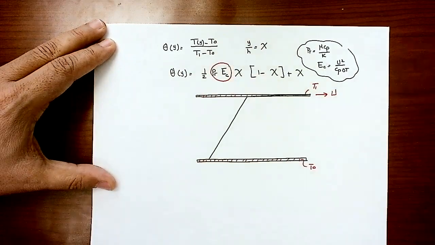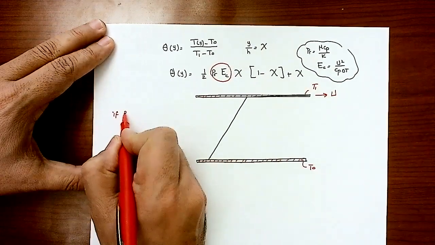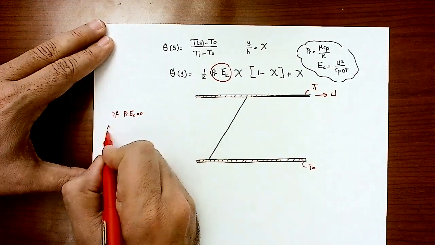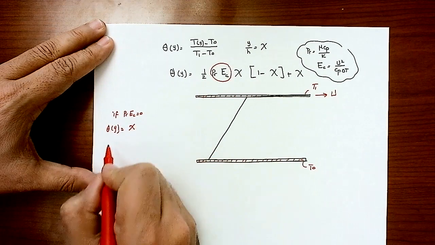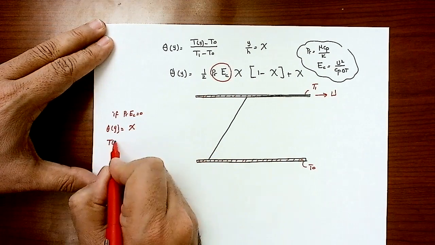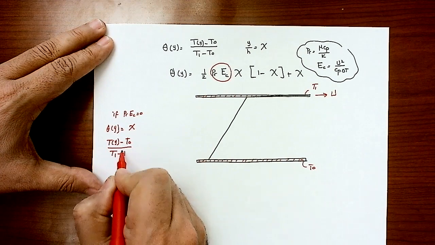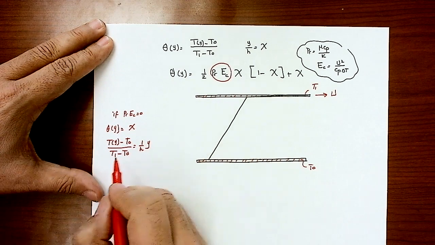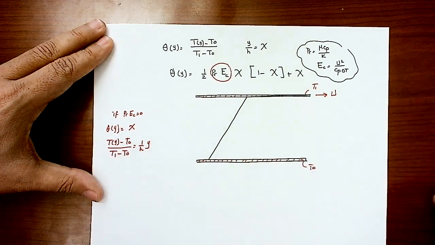Let's write that down here. If Prandtl Eckert equals 0, theta of y will be simply equal to x. So T as a function of y minus T node divided by T1 minus T node will equal 1 over h times y, which means these are all constants, so you can see that this is a linear equation.